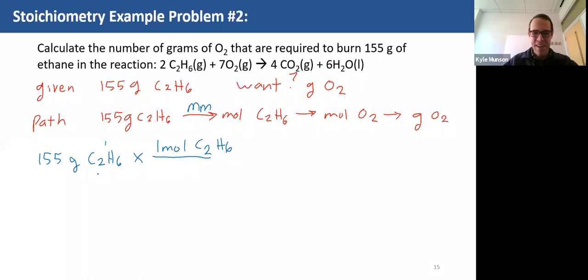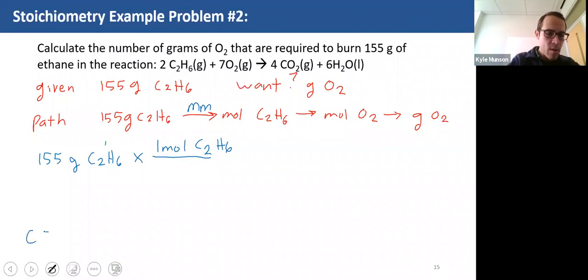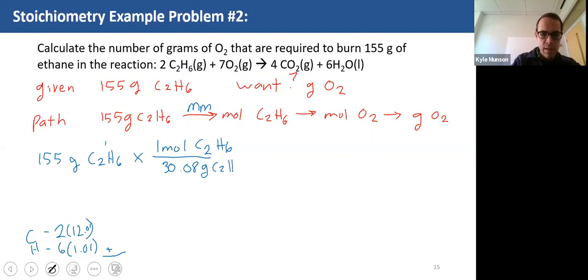So for 1 mole of C2H6 we need the molar mass. I'll let you calculate that and just write it down: 2 times 12.01, plus 6 times 1.01. You add that together and I get 30.08 grams of C2H6.